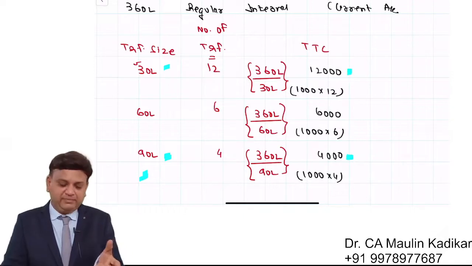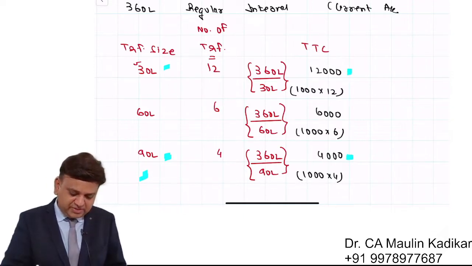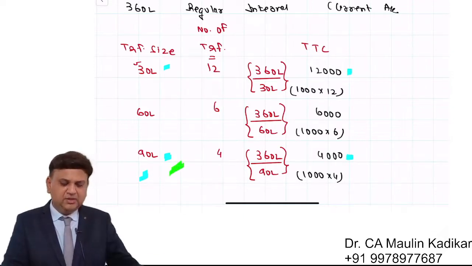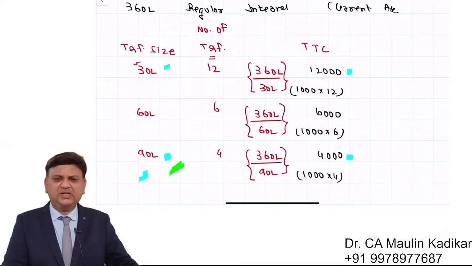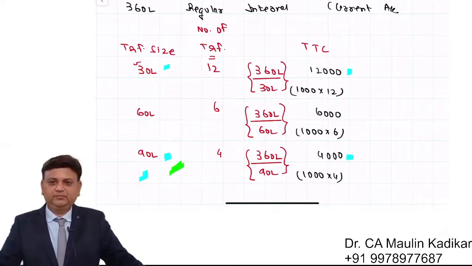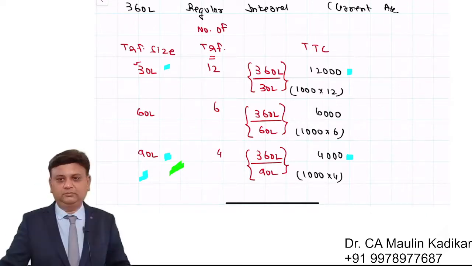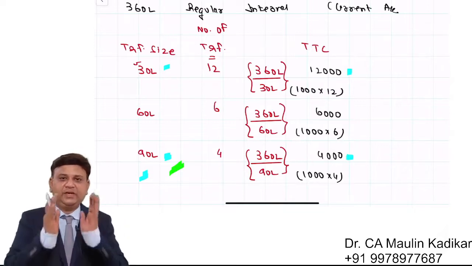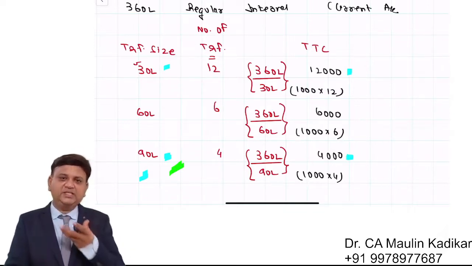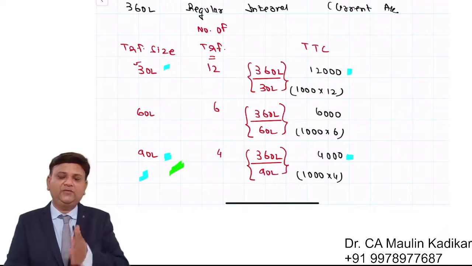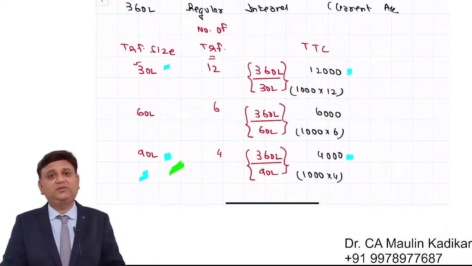So I have a temptation to keep the transfer size of 90 lakhs. Is my decision correct or incorrect? Please give me a reason if my decision is incorrect. Friends, we understand that if we take a decision taking just this into account, then our decision will be wrong.